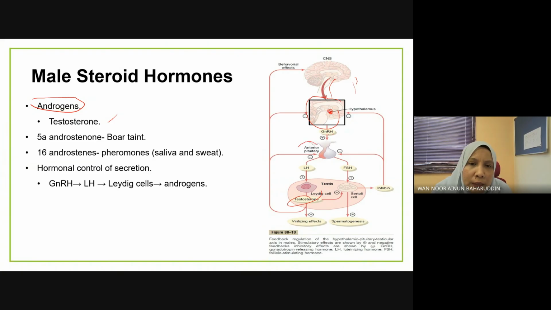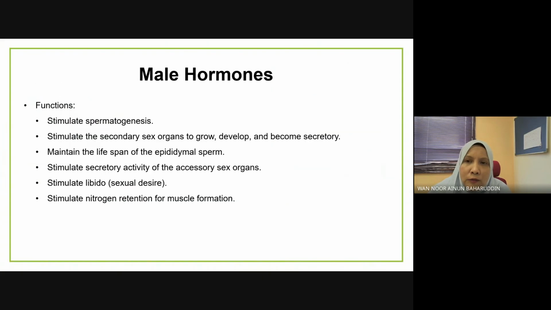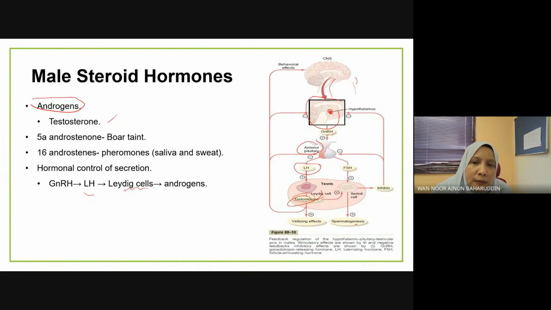GnRH will activate the anterior pituitary to produce LH hormone. LH hormone will target the Leydig cells to produce androgen. So the androgen itself is what we call testosterone. For what? They will stimulate spermatogenesis. That's the first.